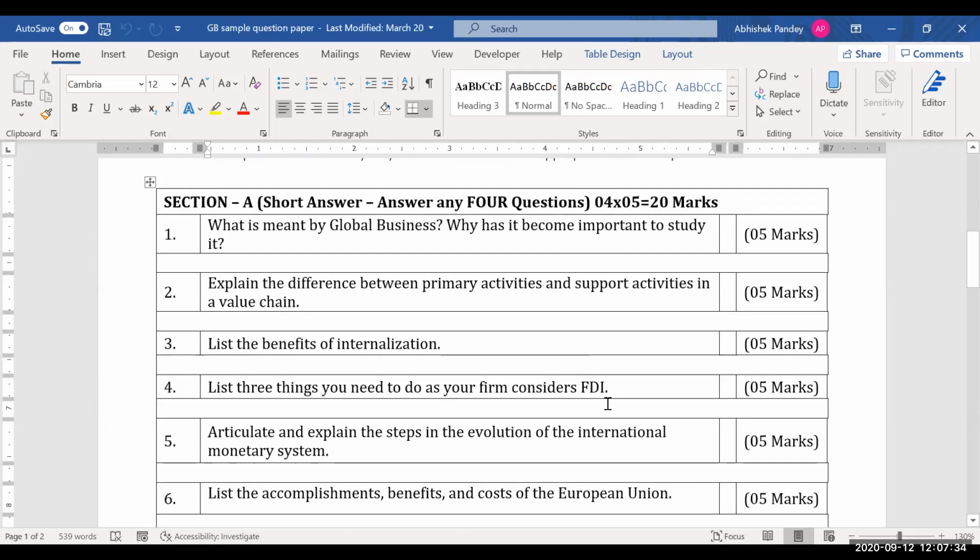So yes, sir. These are short answer questions, 5 marks. So should we include only important points and explain, considering it is 5 marks?